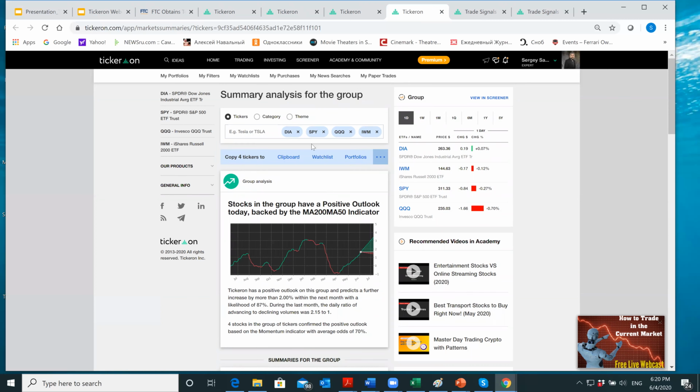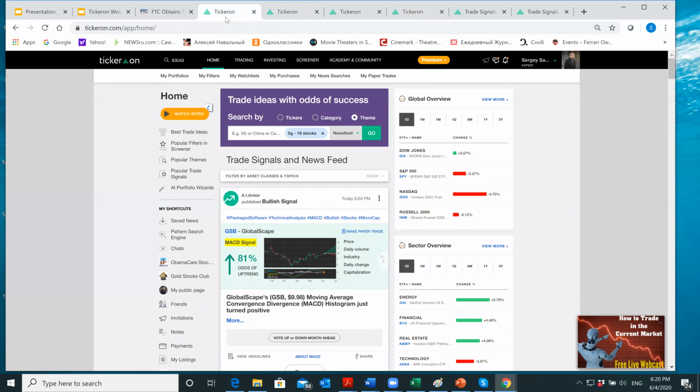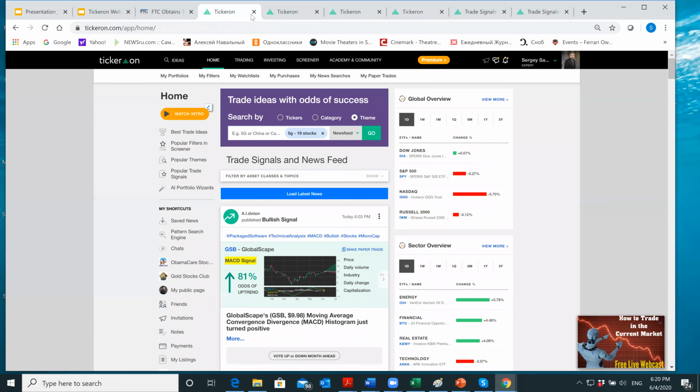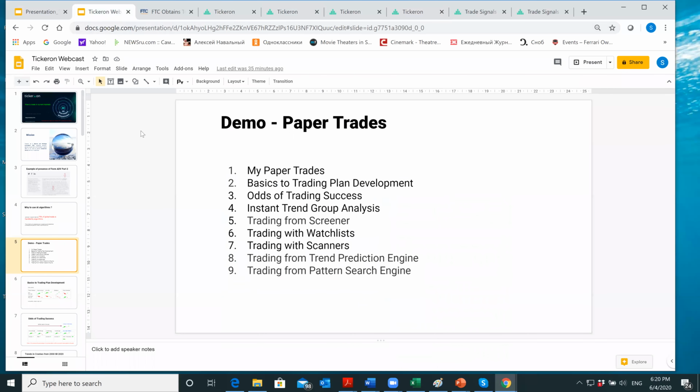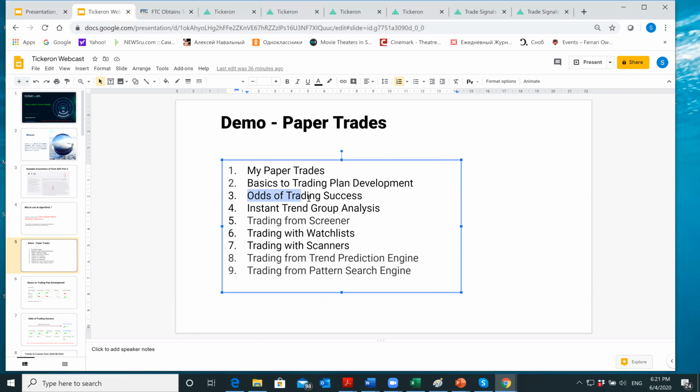Okay, and then I'm going to see what else we can do with analysis of this market. But before that, I have to go back and show you a little bit of theory, very little, what it means, the basic trading plan, and what we mean by odds of trading success.